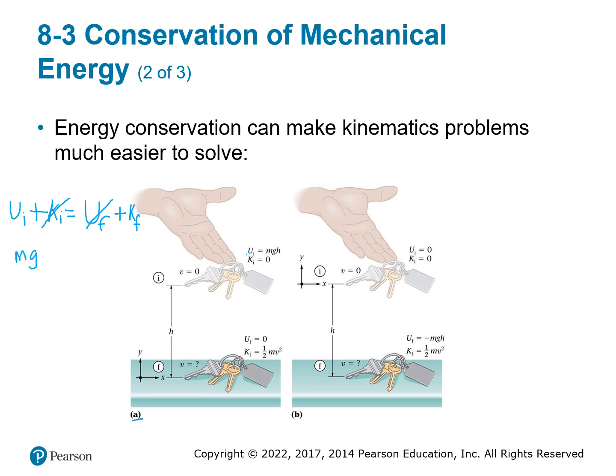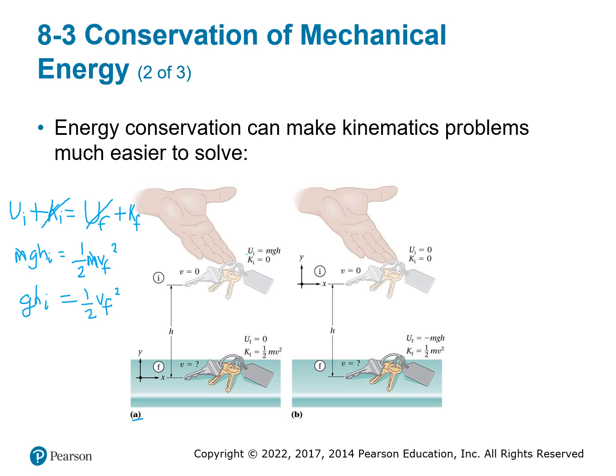So you can say mass times gravity times height initial is equal to the final kinetic energy of the keys. And since mass is on both sides, they cancel. So then you have g times initial height is equal to 1/2 times vf squared.